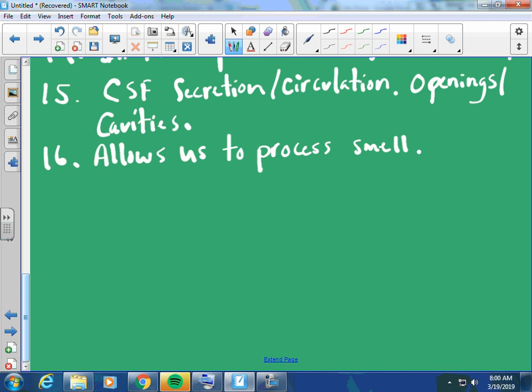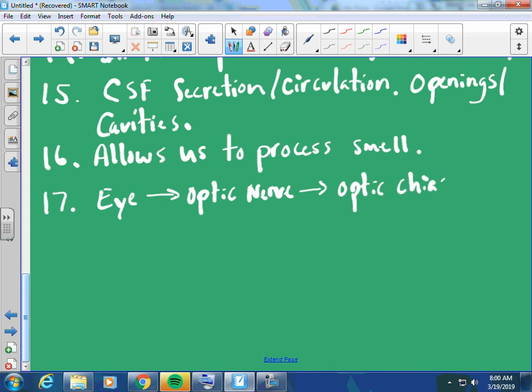Describe the pathway of signals involved with vision. Starts with the eye, right? That's where we're going to have our receptors. And then we'll go optic nerve. And then the optic nerve is going to go to what? Yep.